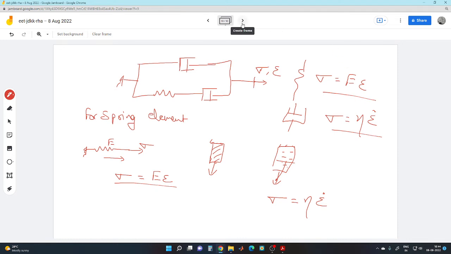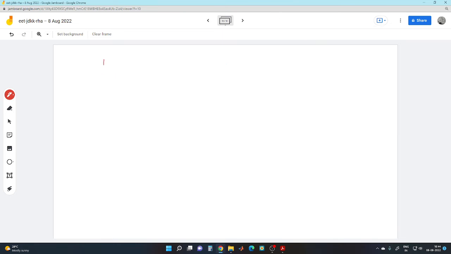So moving forward, if we make it a vertical configuration, this is the spring and damper configuration. This is fixed here, and this is pulled by sigma comma epsilon. So this is a parallel combination. Whatever extension happens at this point will happen at this point.